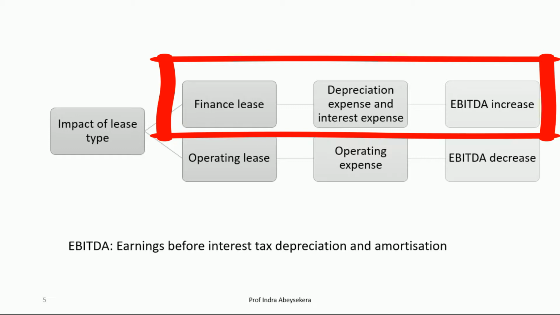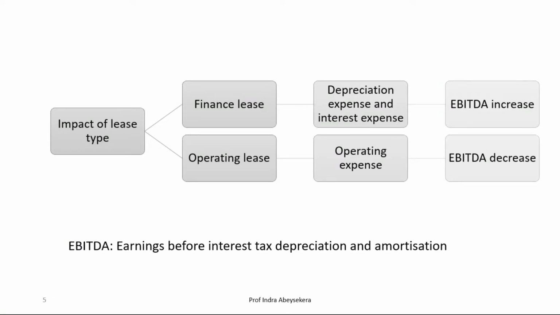The earnings before interest, tax, depreciation, and amortization will therefore improve, or the EBITDA will increase, because EBITDA is an earnings measure before interest, tax, depreciation, and amortization.